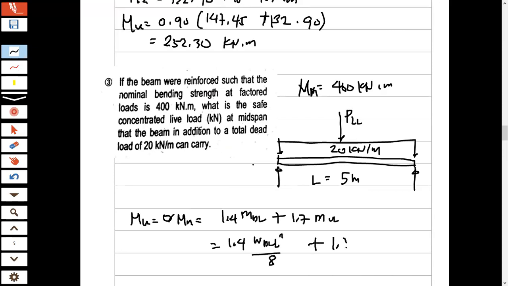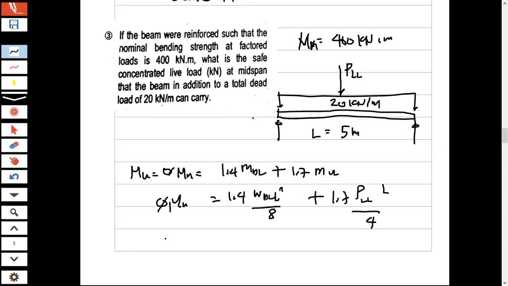The live load, 1.7, since it is concentrated at midspan, is just P live load L over 4. Okay, so here we can substitute 0.9 times 400 times 10 to the power of 6 if in Newton meter, or we can use 400 kilonewton meter.